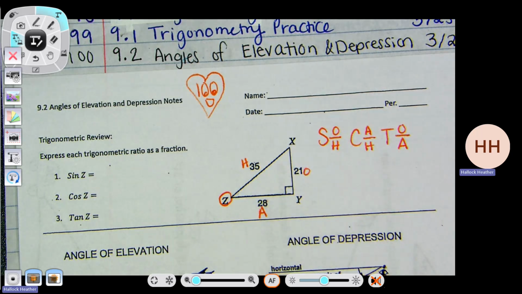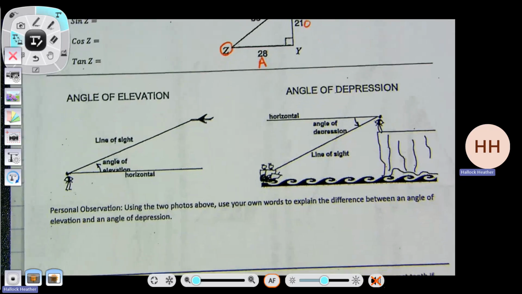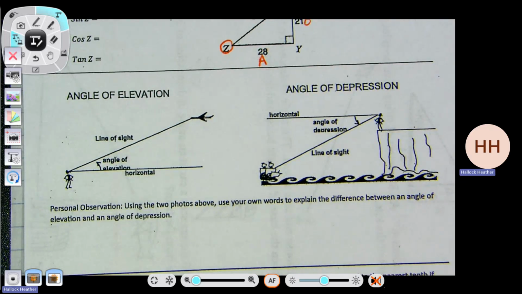Okay. Let's talk about the new stuff. The new stuff is angles of elevation and angles of depression. So you've got two pictures. It says you're going to do a personal observation. We're going to use the two photos above to, in your own words, explain. You're going to make a little hypothesis, okay? Explaining the difference between an angle of elevation and angle of depression.